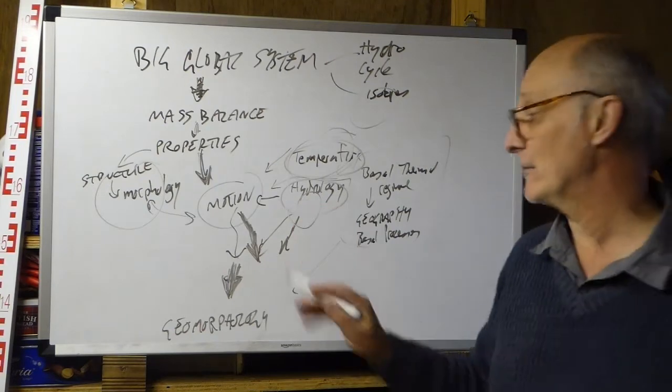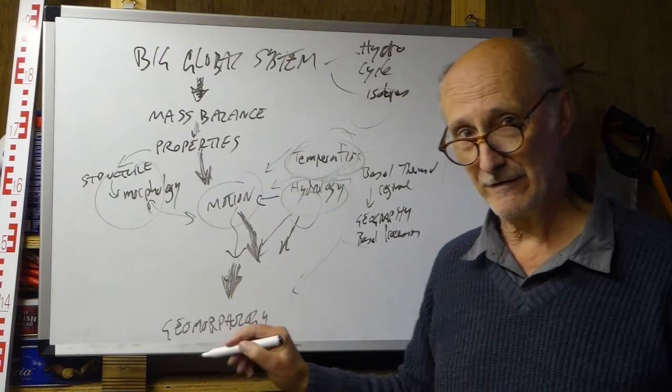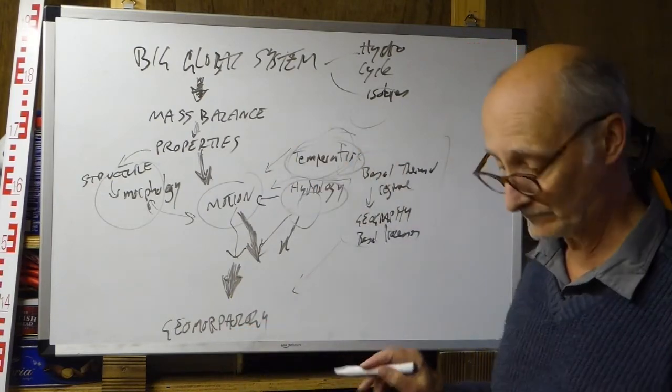For example, if I was to ask you what are the major controls within a glacier system that determine the characteristics of glacial geomorphology, you would now be able to pull out a lot of those items.